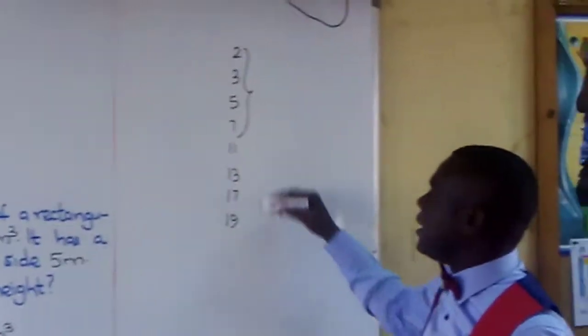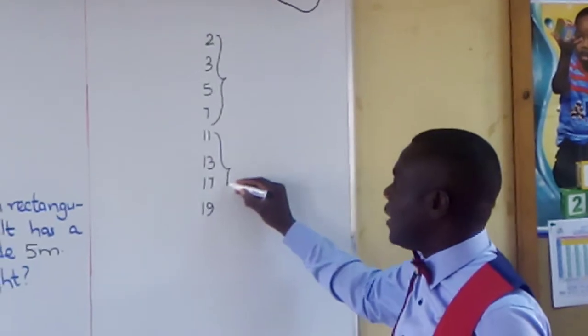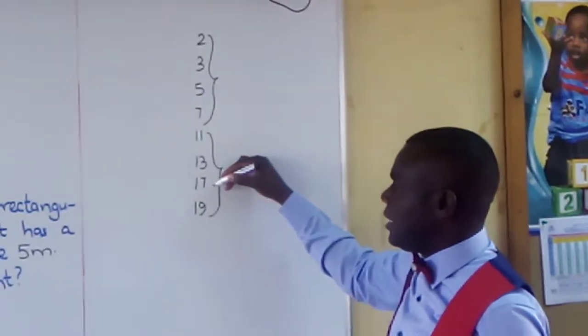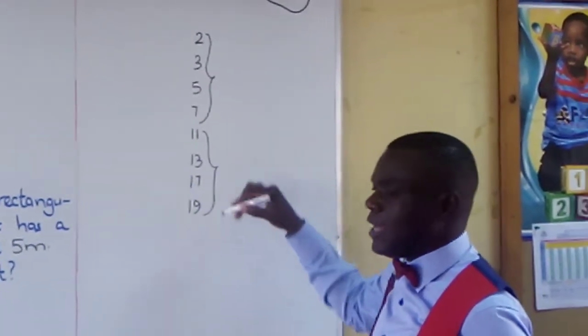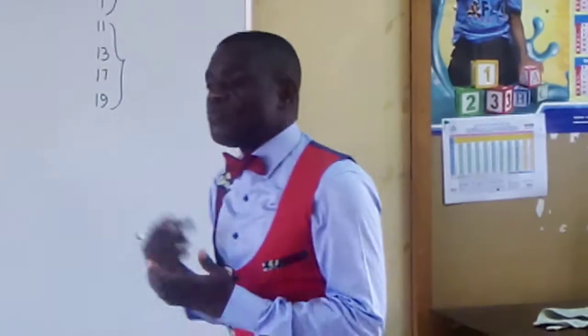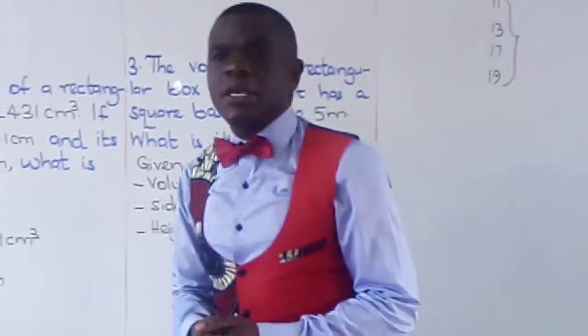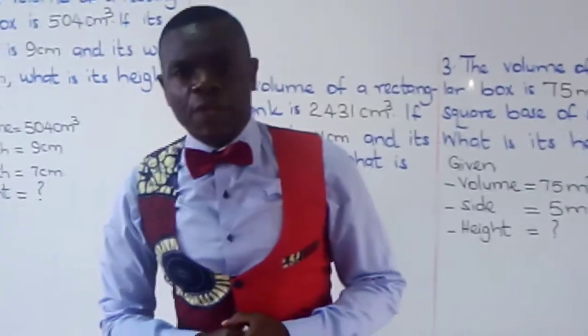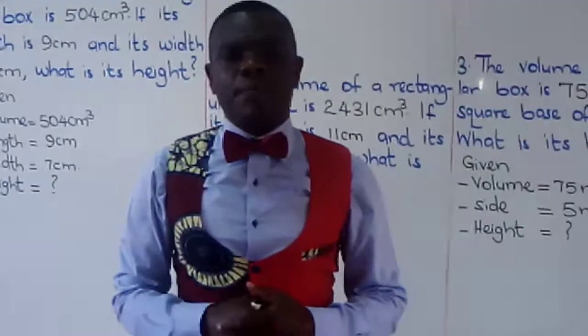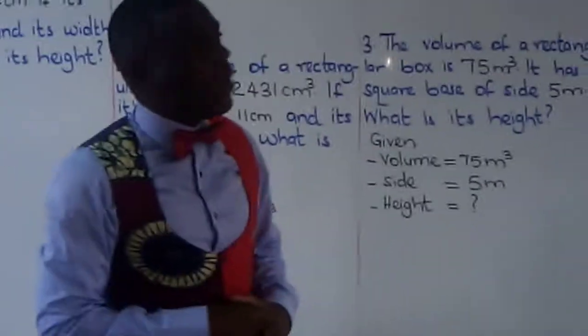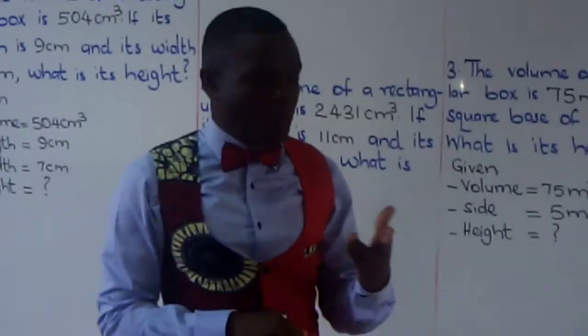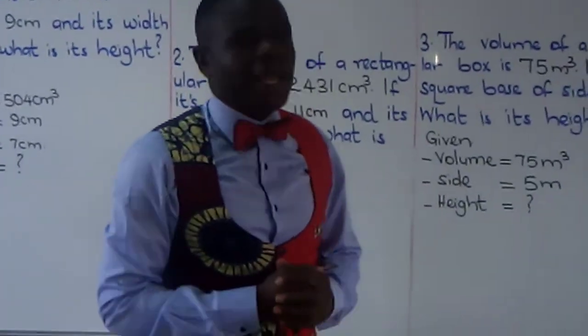Then between 10 and 20, we have 11, 13, 17, and 19. So as you memorize the prime numbers, always be able to know that there are 4 prime numbers between 1 and 10, and 4 prime numbers between 10 and 20.